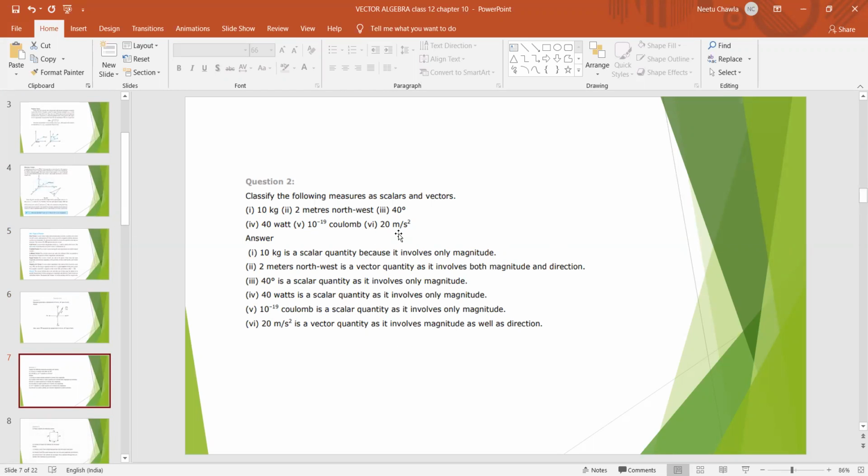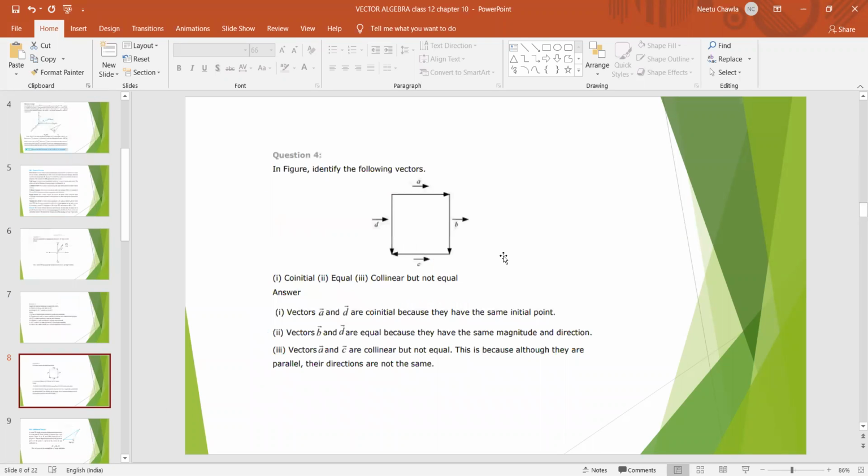Here we have to classify which are the scalars and the vectors. You have to do this on your own. 10 kg is scalar. 2 meter northwest: whenever the direction is given, it means it is a vector. 20 meter per second square is a vector quantity as it involves magnitude as well as direction. And this is question number 4. We have to see from the diagram and the directions which vectors are co-initial vectors.